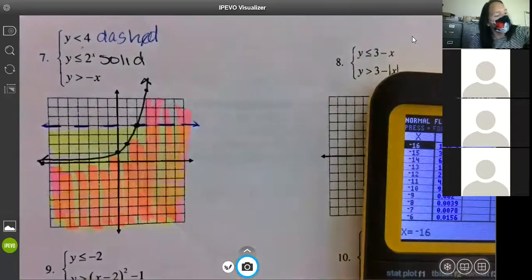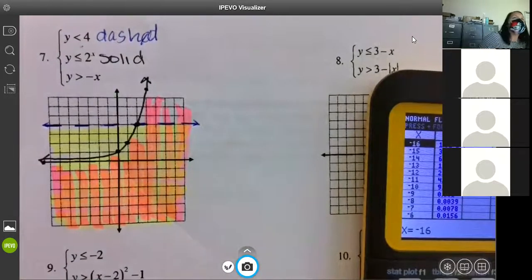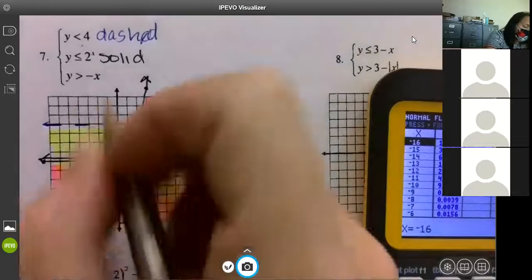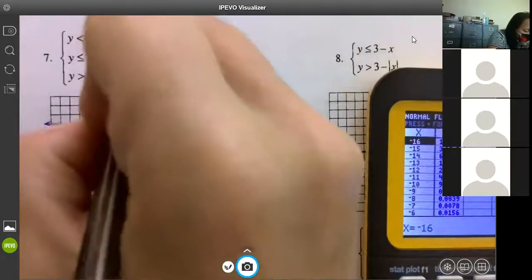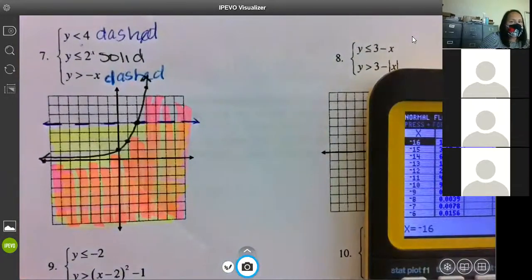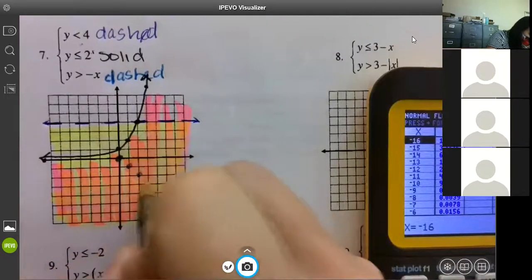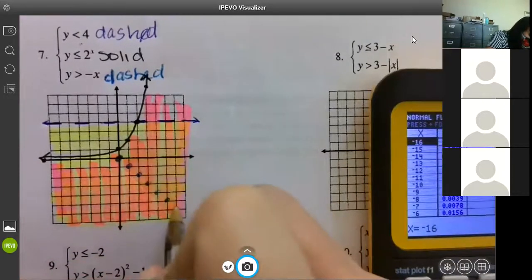And then the last one is just a linear. It's going to also be dashed. You start at 0, then it's negative, so I go down 1 over 1.